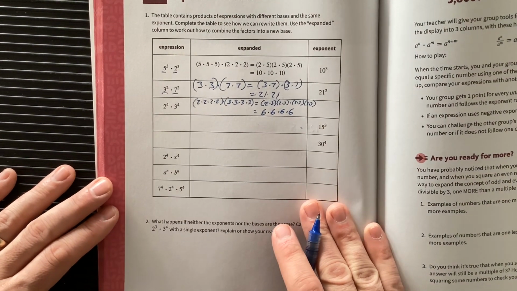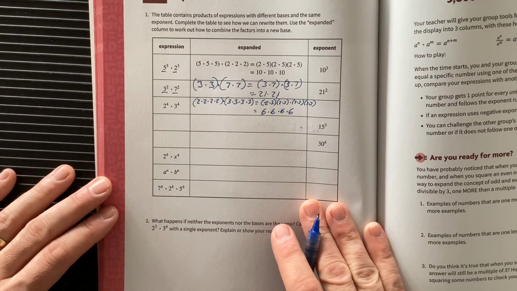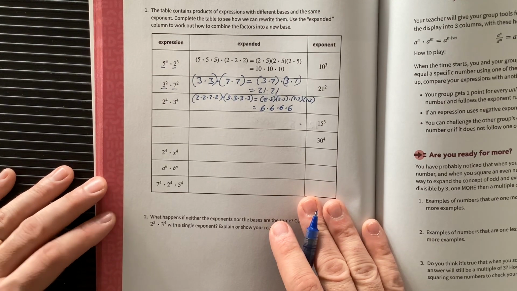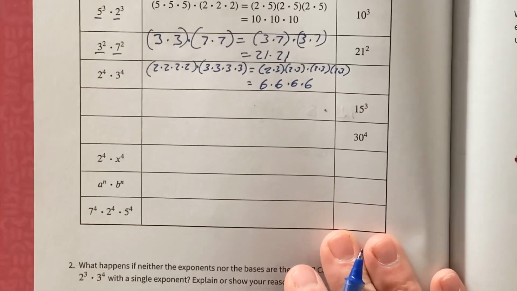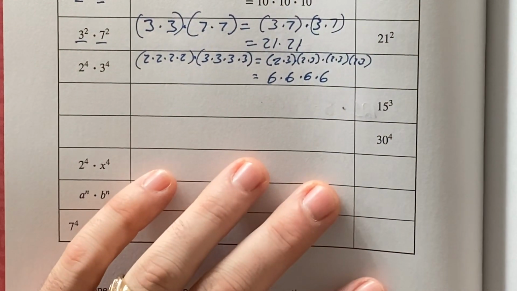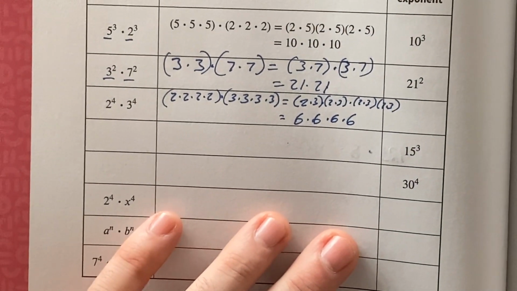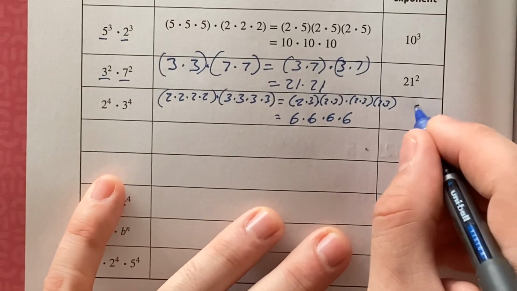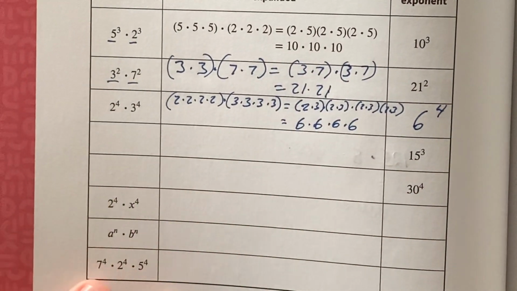Two times 3 is, of course, 6. I have 4 of them. So my exponent notation would be 6 4 times.